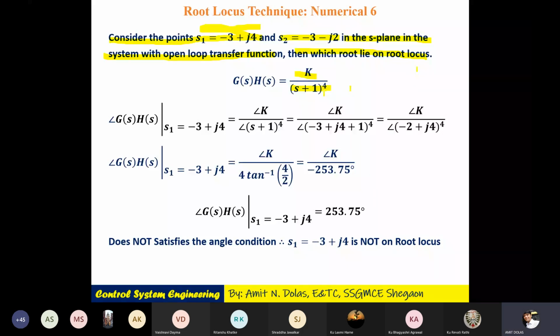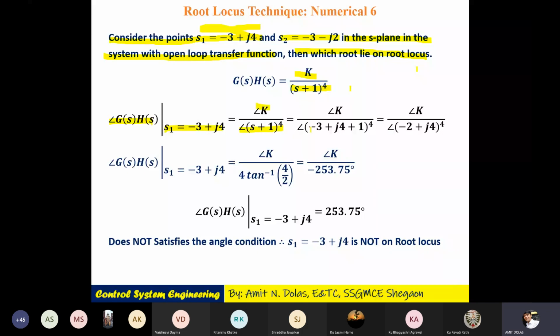Okay. So what is the first root? Whether both are on the root locus or not, to check this we have to follow the angle condition. So I'll go for the angle condition of S1. The angle condition: angle of K divided by angle of (S plus 1) to the power 4.